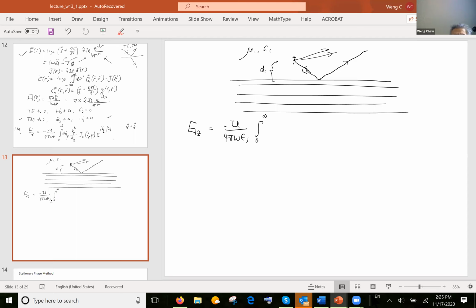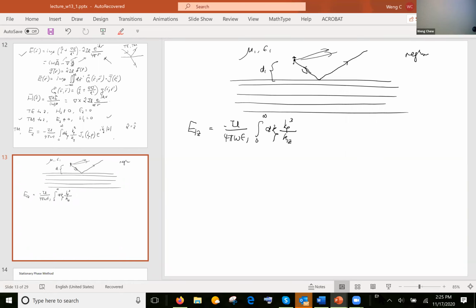Okay, the k rho, let me write this k rho properly. The k rho cubed over k1z. I have to be mindful that it has to be k1z and not kz alone because I'm in region 1.